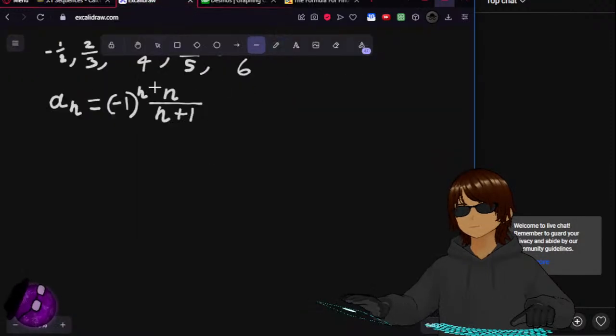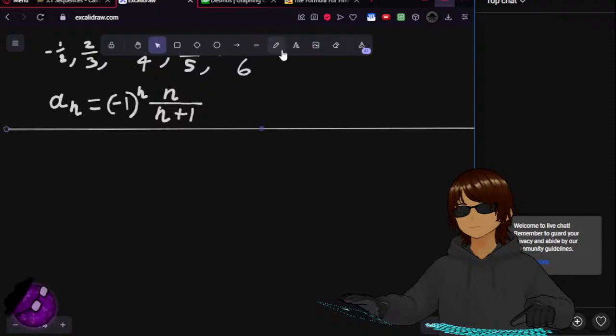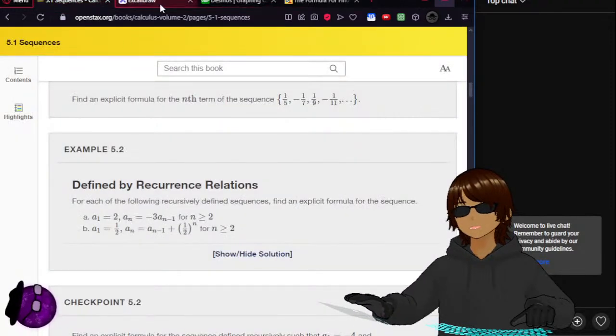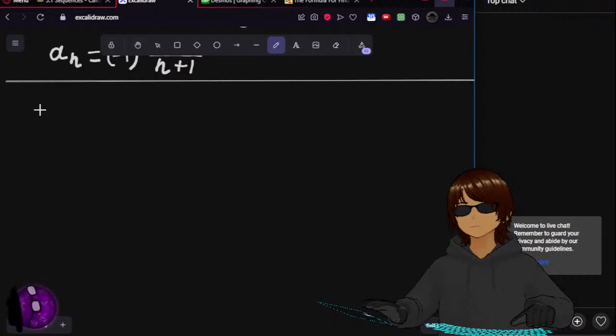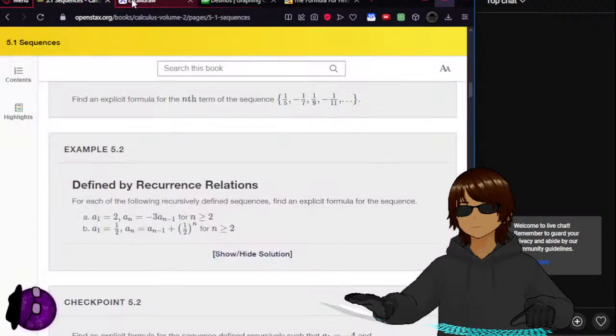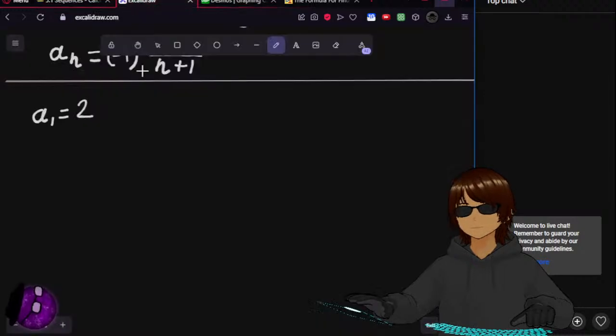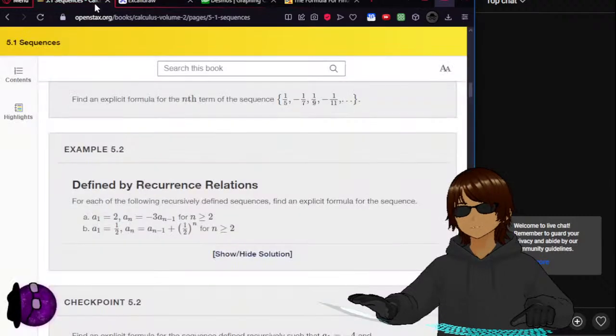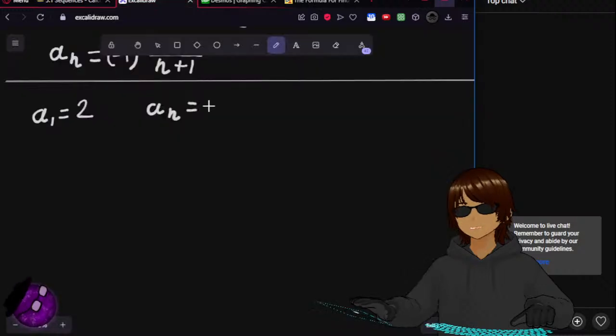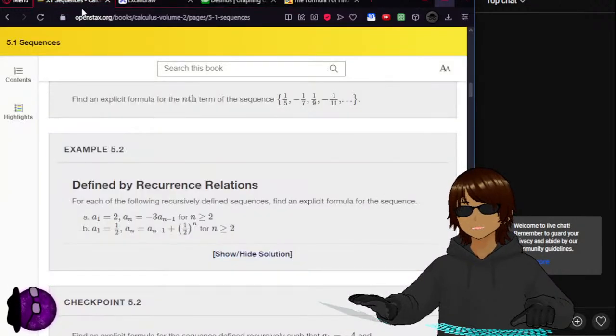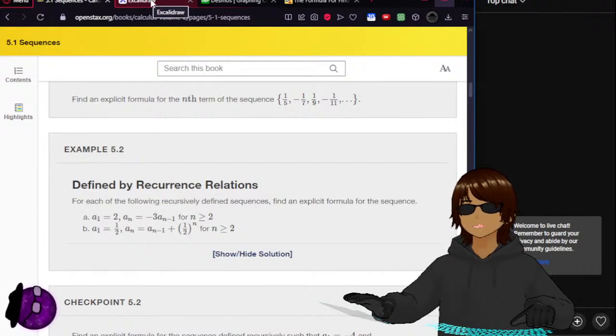So A1 is equal to 2, and then A n is equal to minus 3 times the previous term, minus 3 a of n minus 1.